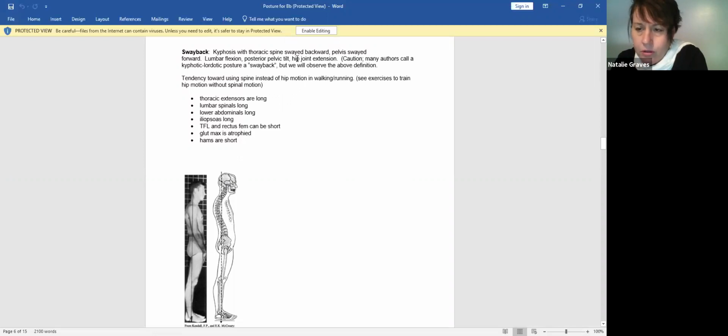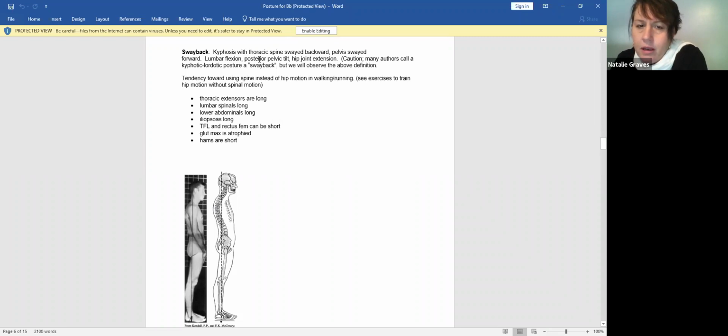With the kypholordosis, it was tilted anteriorly. Whenever the pelvis is tilted posteriorly, that is going to equate with lumbar flexion. And so you do see a flattening of the natural lumbar curve back here. That's one way that you can tell the difference.